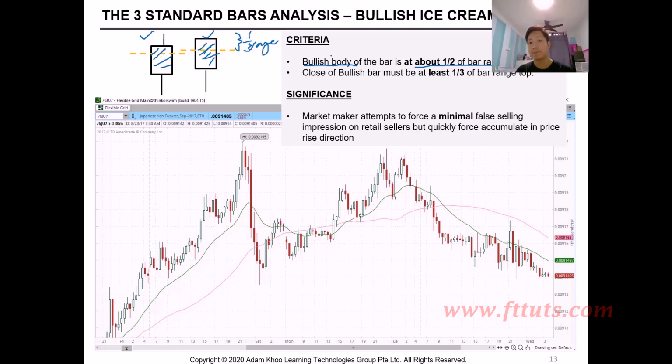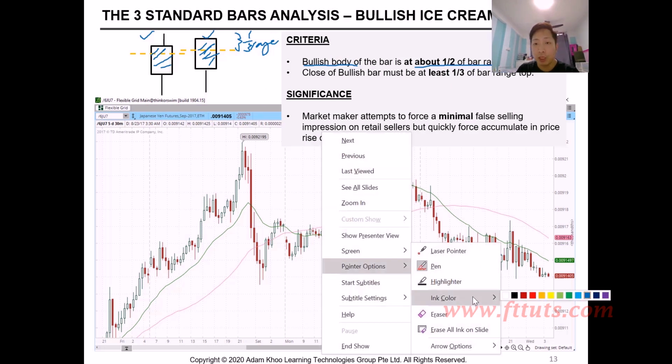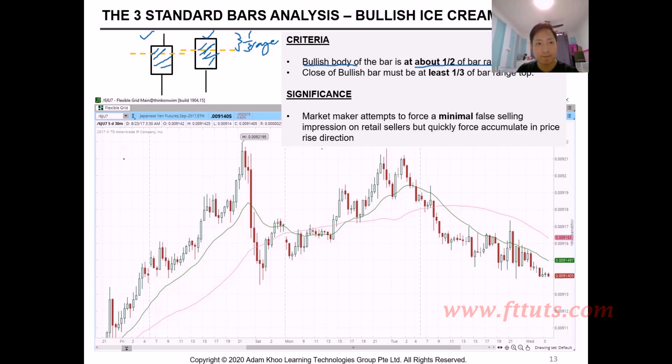That means the close is above the one third of the bar range. This bullish ice cream bar was once a bearish impression. Then the market tracked all the way back up to form a bullish ice cream bar.